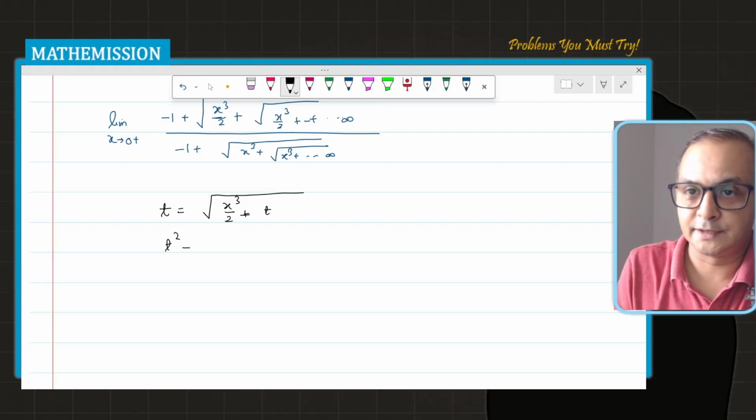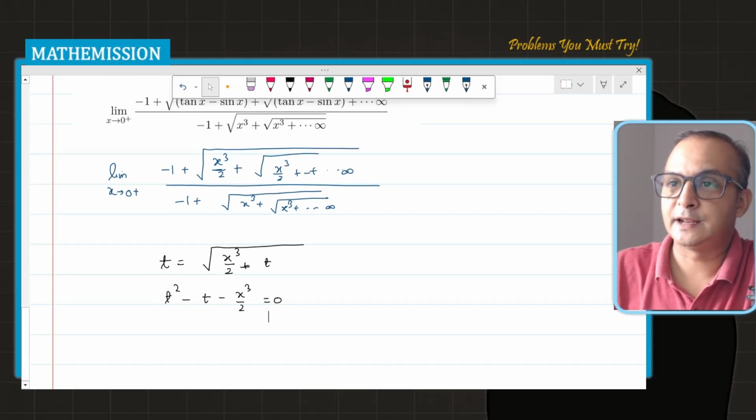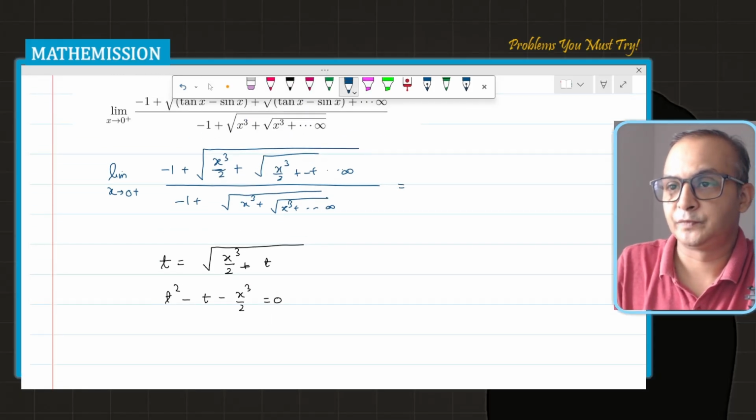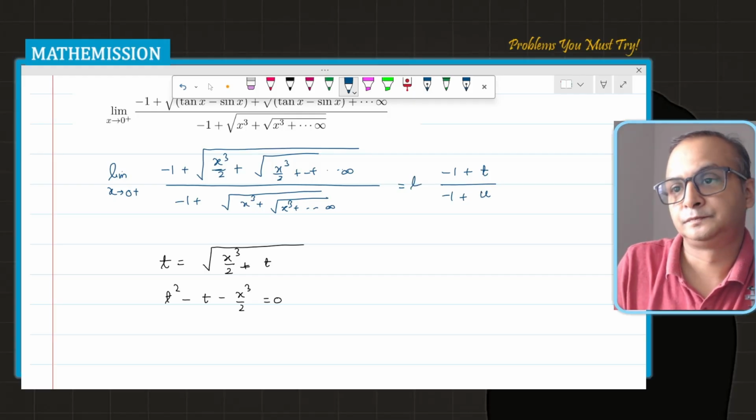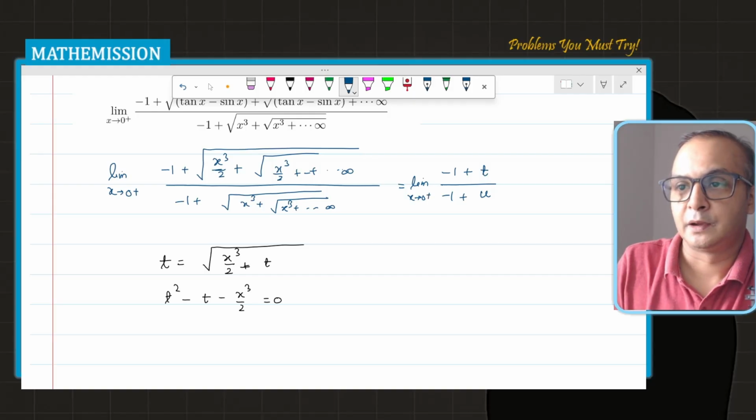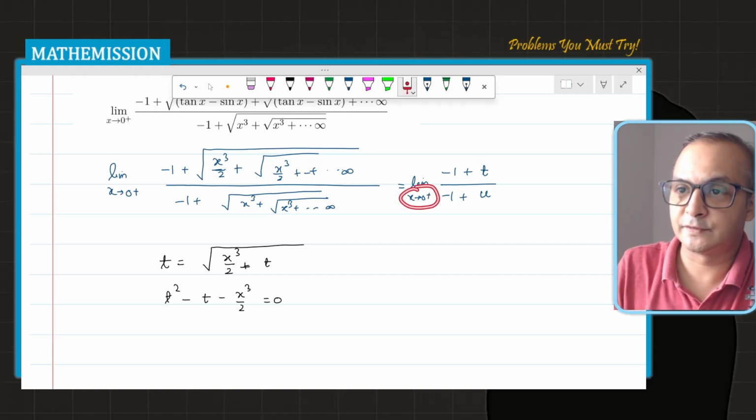So t square minus t minus x cubed by 2 is equal to 0. So basically in this limit, it is minus 1 plus t that I'm going to write, and then again minus 1 plus a different value u. And when I'm finding the limit x tends to 0 plus, but remember one thing, I'm going to substitute because I have not changed this variable.